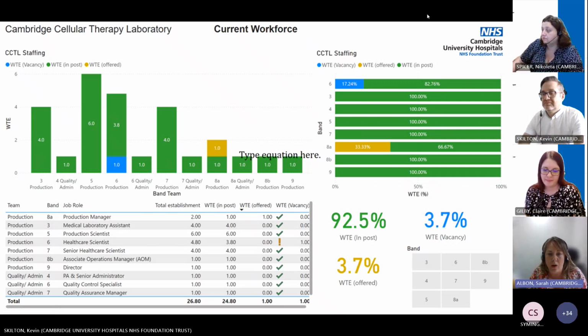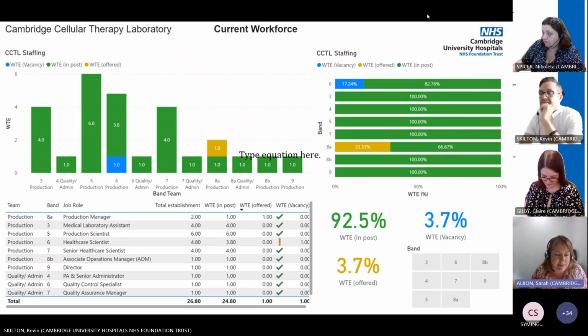So we are, bar one post, I believe, at full establishment. We have reasons for that one vacancy, because we were being quite strategic with employment and trying to fit in posts around training schedules and things like that. So this is a massive success in itself. Next slide, please.